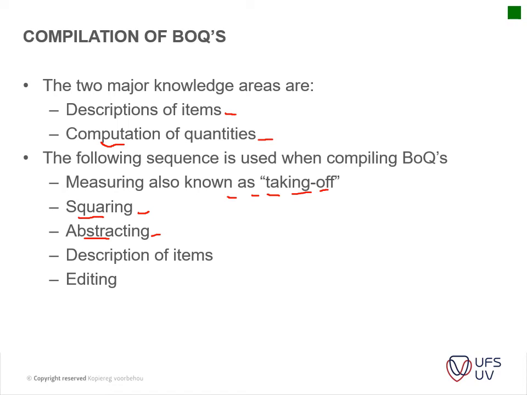So you keep those items together. So your squaring is basically a grouping of all of your items, and then your abstracting is allocating that to your different items in your BOQ. Okay, and then you've got your description of the items in your BOQ, and then you edit those items.